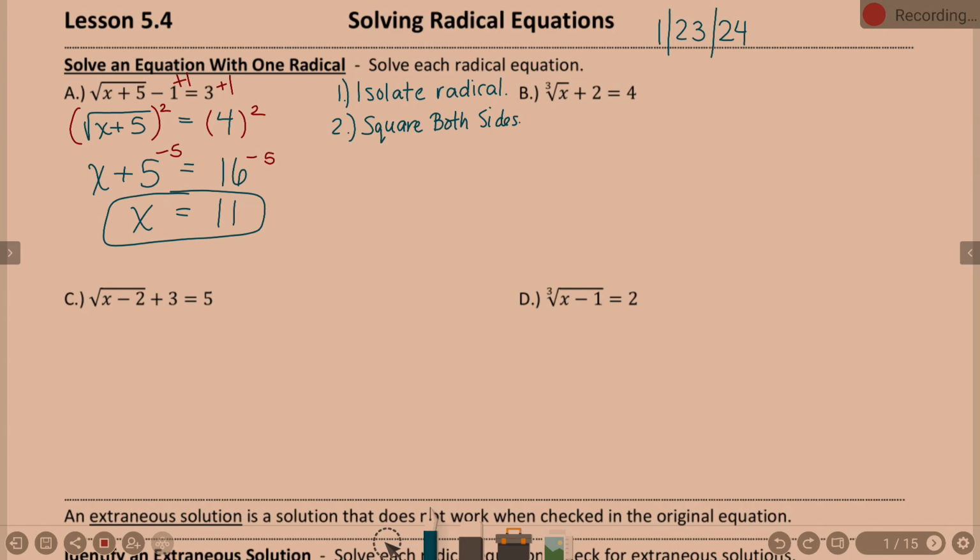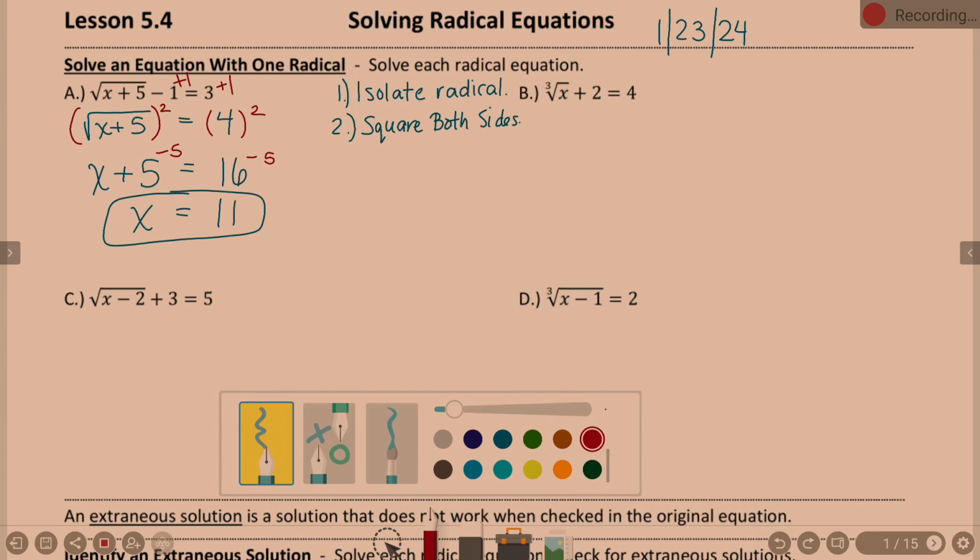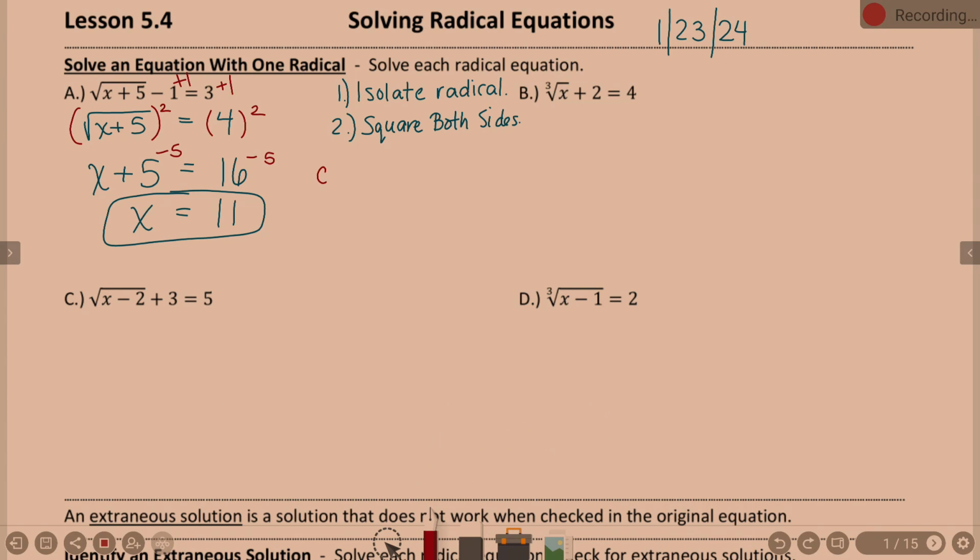Now, one thing I do recommend here, and I'll be honest, in this top section it's not as necessary. However, when you square both sides of the equation, you can sometimes introduce extra answers that don't actually work. So my suggestion is that you get in the habit of doing a check, and you can do this mentally. I'm going to write this one down.